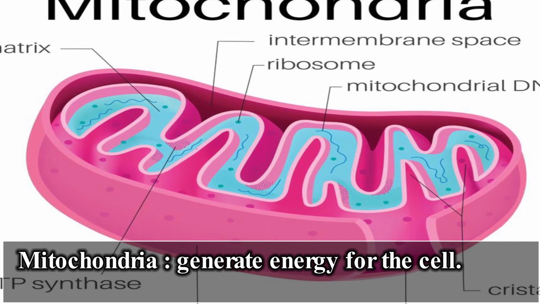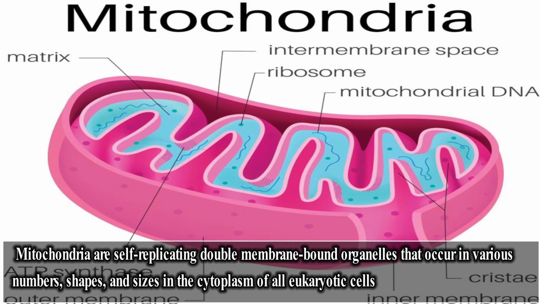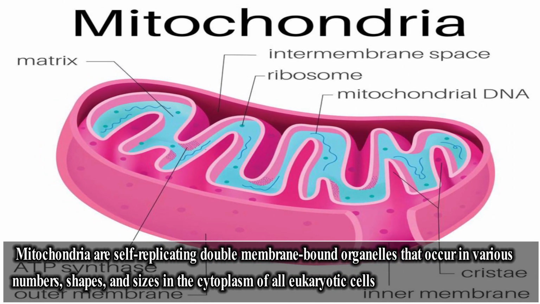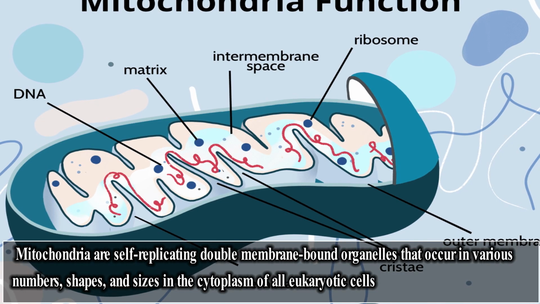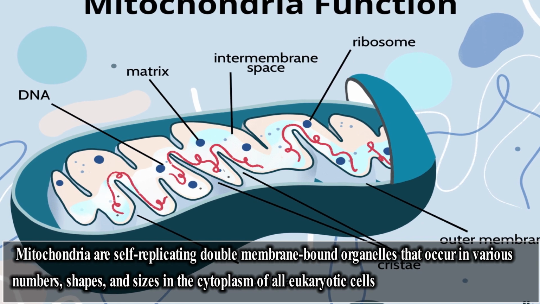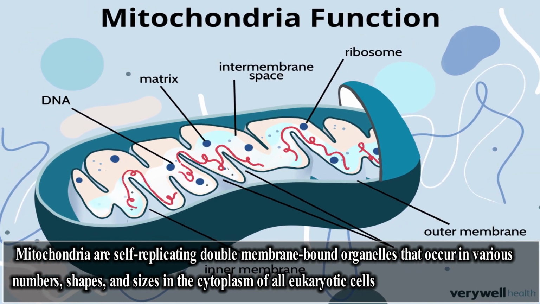Mitochondria generate energy for the cell. Mitochondria are self-replicating, double-membrane-bound organelles that occur in various numbers, shapes, and sizes in the cytoplasm of all eukaryotic cells.